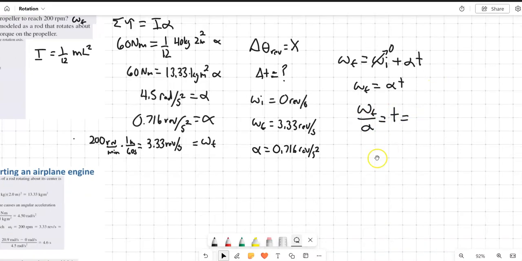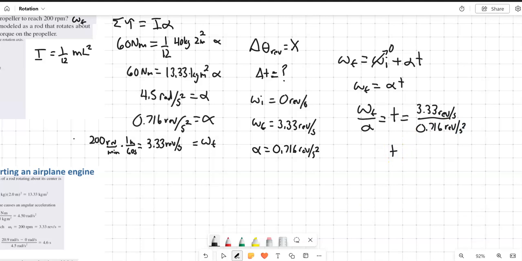So we're going to take omega final, which is 3.33 revolutions per second, and divide that by 0.716 revolutions per second squared.